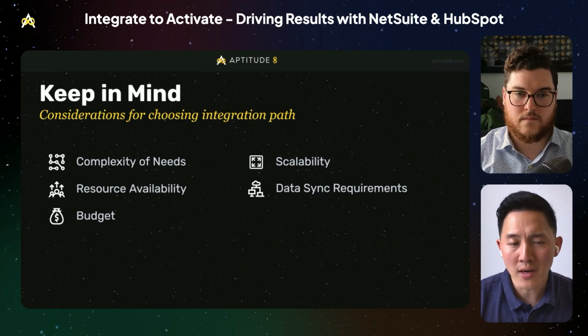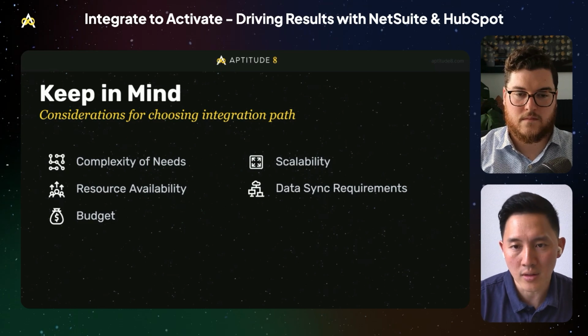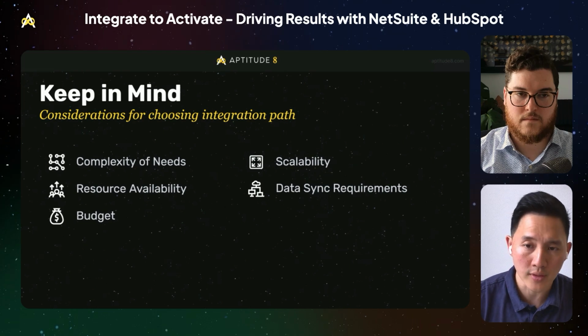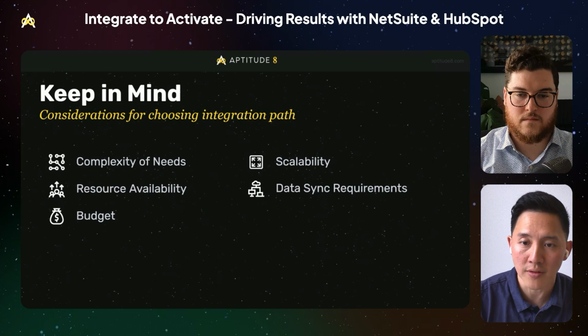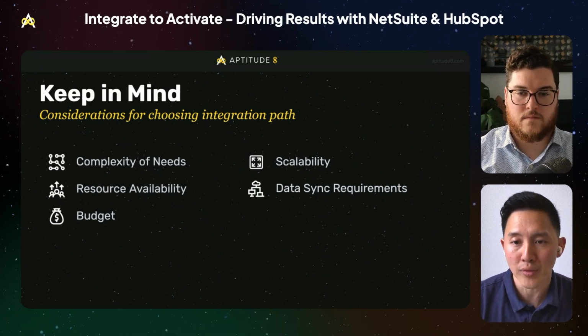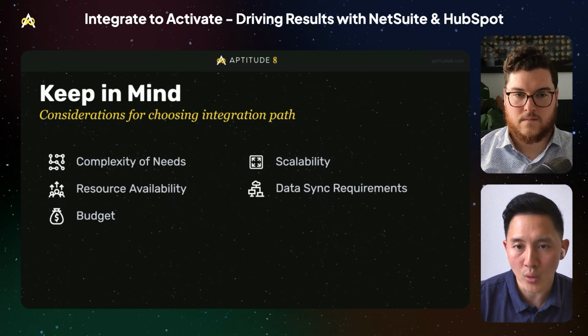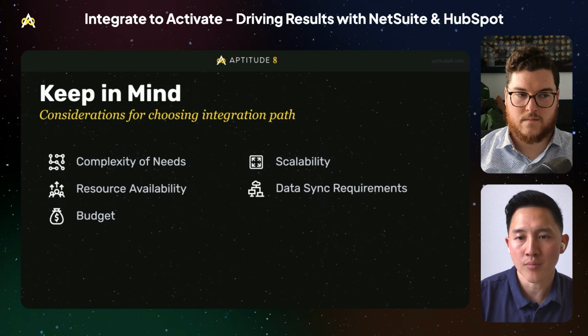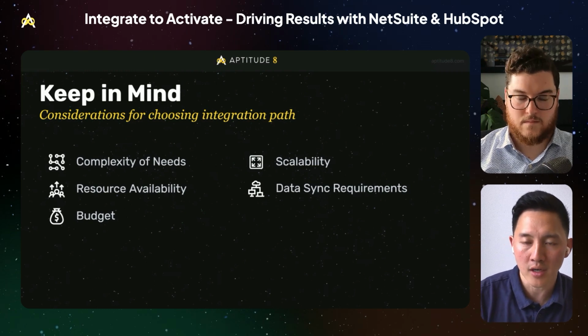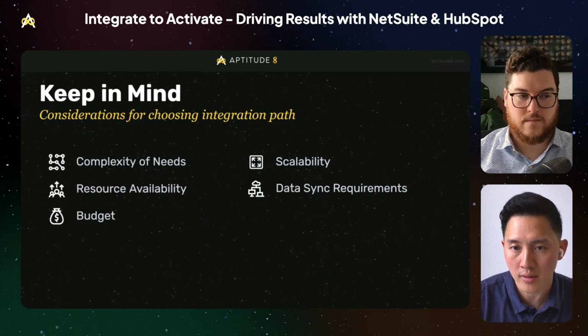And then for every business, you really have to consider the resource availability. Do you have people working for you as contractors, full-time employees? Are they in the engineering space, or are these data analysts, or just accounting and finance people? Considering your resources and who's going to own this is extremely important, because someone installing the Suite app or the HubSpot data sync in NetSuite could be a CFO or a controller who administrates the NetSuite side.